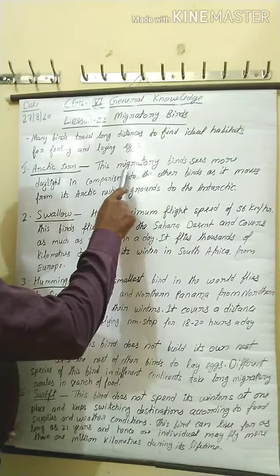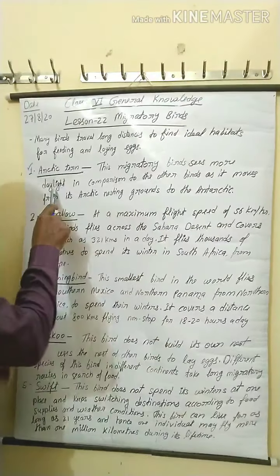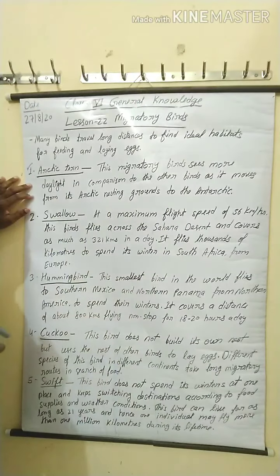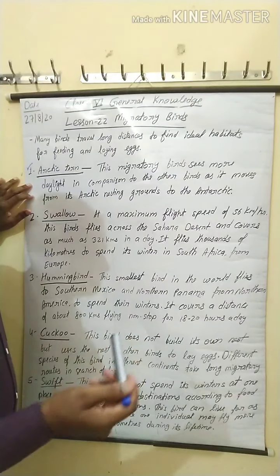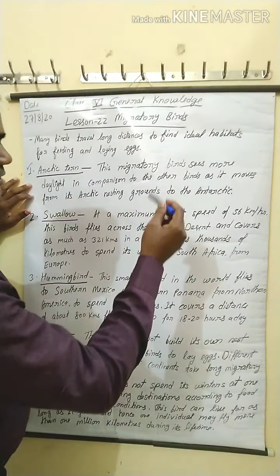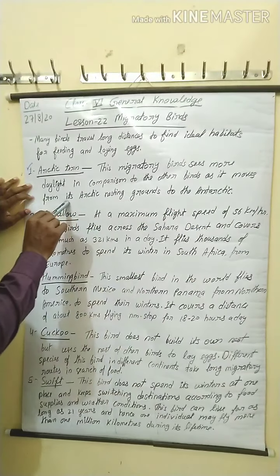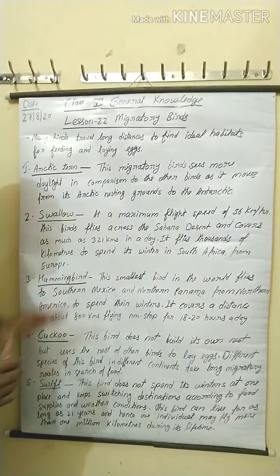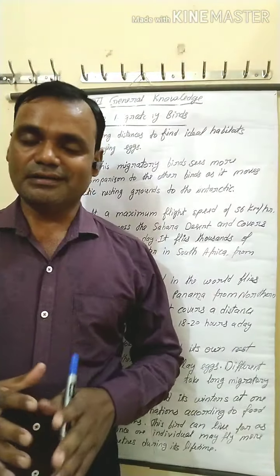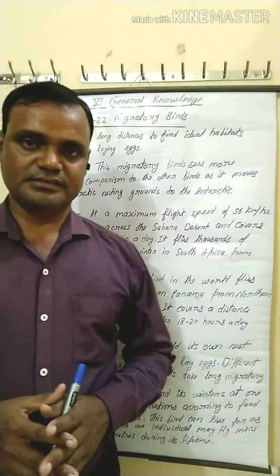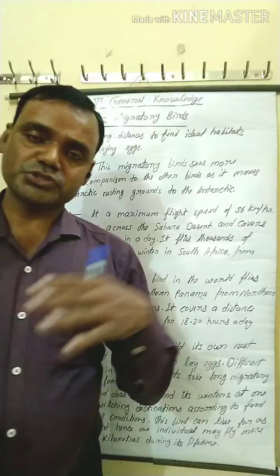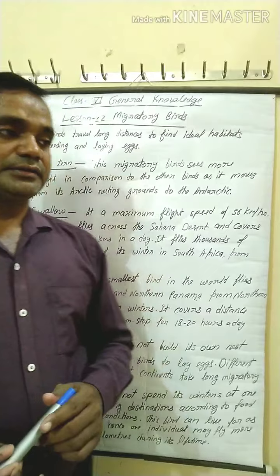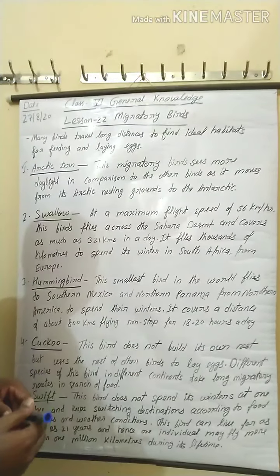This migratory bird sees more daylight in comparison to other birds as it moves from its Arctic nesting ground to Antarctica. So the Arctic tern travels a long distance, from the North Pole to the South Pole.